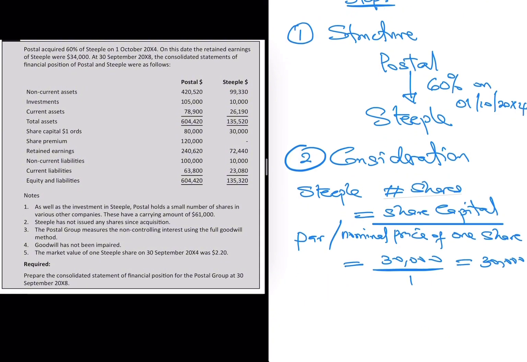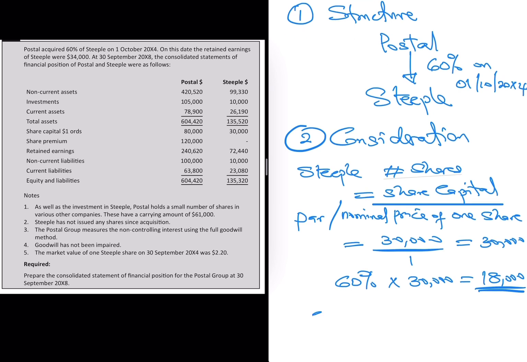So this parent must have acquired 60%. So we need to know the number of shares they acquired. So they acquired 60% of 30,000, and that is how much? That is 6 times 3,000, and that's 18,000. So you acquired 18,000 shares. At what price?